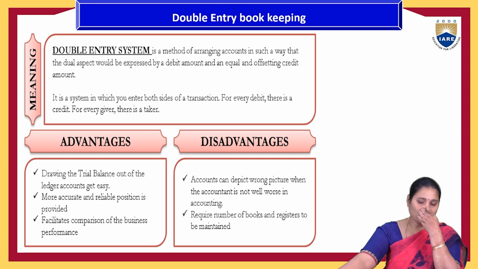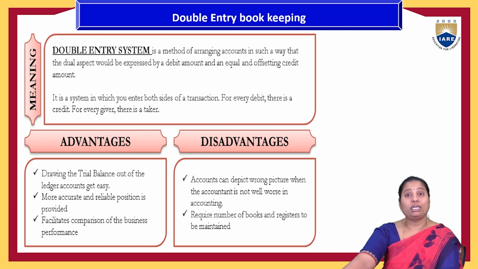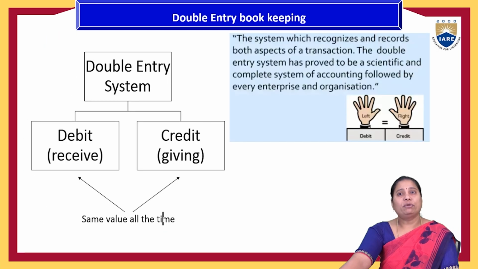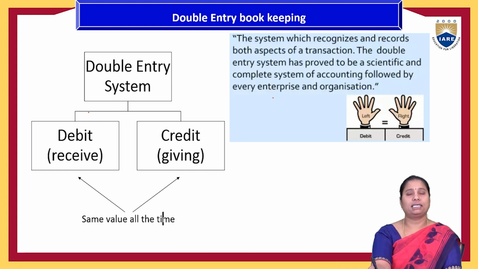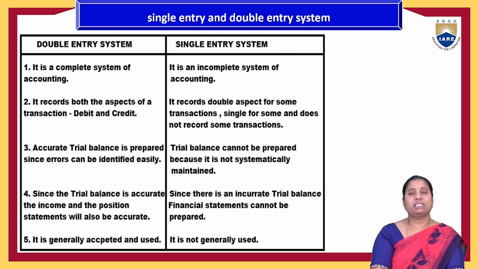And the advantages of the double entry system are that it is very easy to calculate and easy to identify expenditures and incomes. Double entry bookkeeping follows this thumb rule: left hand side is the debit, right hand side is the credit. Looking at the differences between single entry and double entry: double entry is a complete system of accounting, referring to both aspects of debit and credit, and it is very easy to recognize.